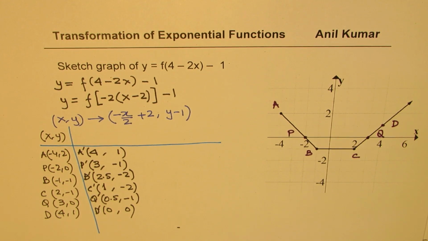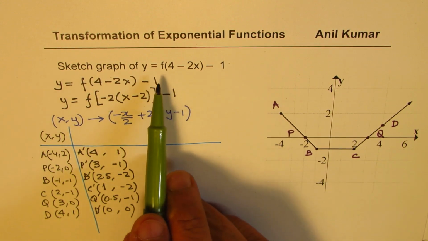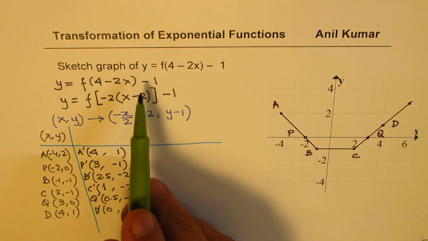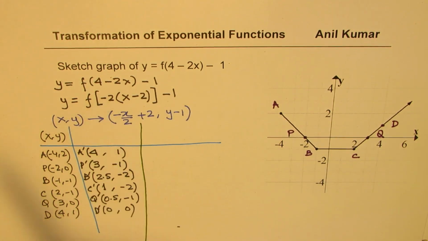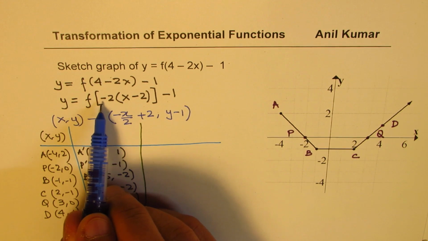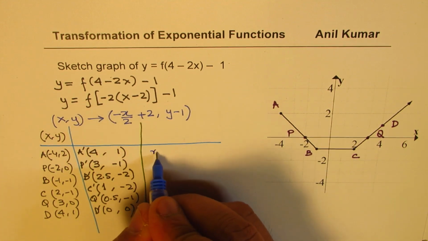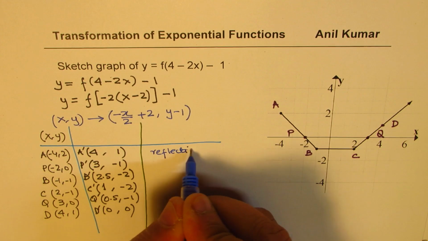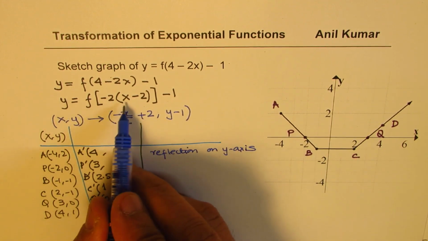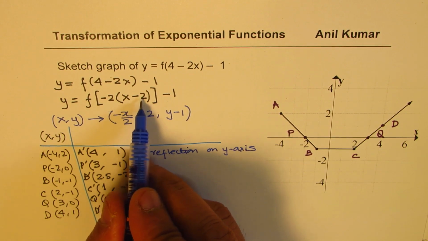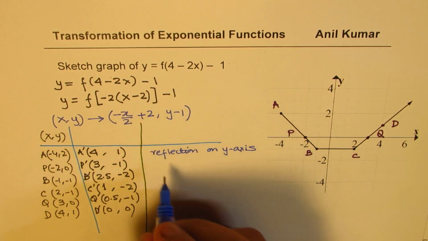So let us sketch the transformed function starting with A dash, which is (4, 1). But you can actually describe the transformation also. Let's describe the transformation before we sketch it. So what do you notice here? The transformation is basically, if you read from the left side, a reflection on the y-axis, then translation 2 units right and 1 unit down.